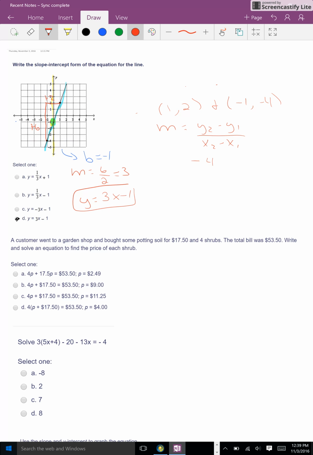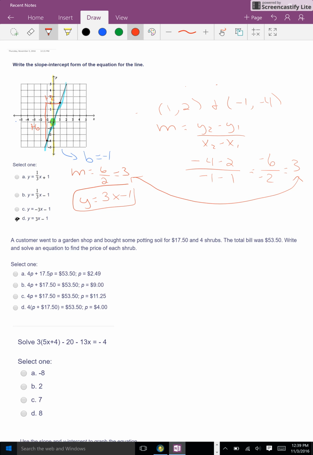So you would get -4 minus 2, and you would get -1 minus 1. So you get -6 over -2, which simplifies to a +3. So it doesn't matter which strategy you use, as long as the math is correct, then the problem will end up being correct.